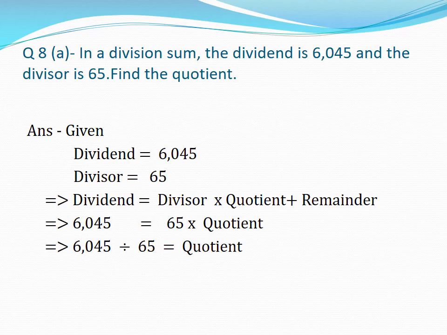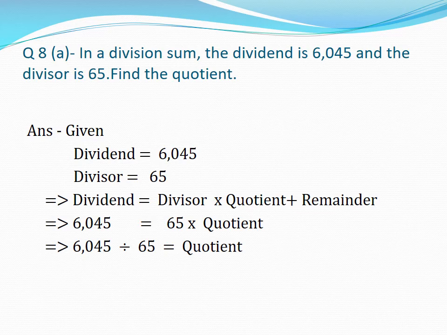First of all, whatever things are given in the question, we will write. Dividend is equal to 6045, given in the question. Divisor is equal to 65.